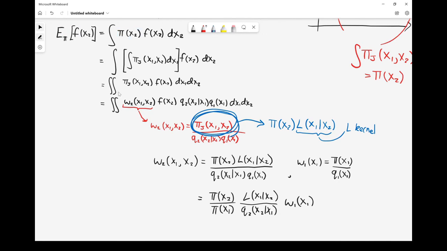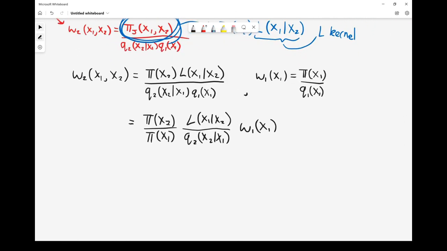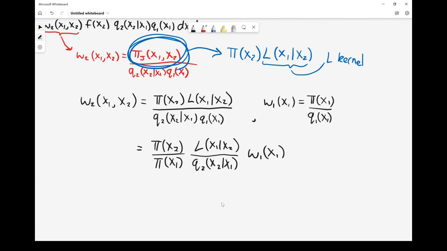We go through a bit of maths and we say, well, actually we've got some freedom in choosing this joint distribution, so long as it marginalizes to give the target, which is what we've written over here. We've chosen it to be the target multiplied by this L-kernel, where the L-kernel is completely up to us to choose. And then, yeah, that's the difficult concept, really. Once you're comfortable with having chosen this as the target, then it's just a bit of maths to show how the importance weights are updated in iteration 2.